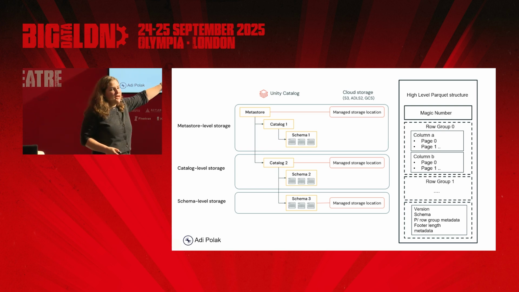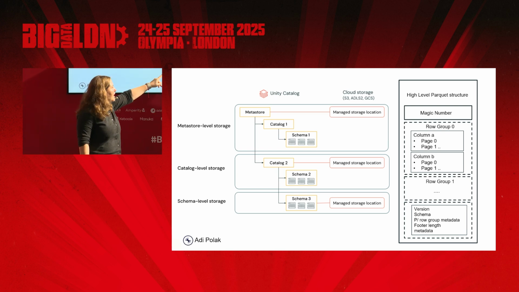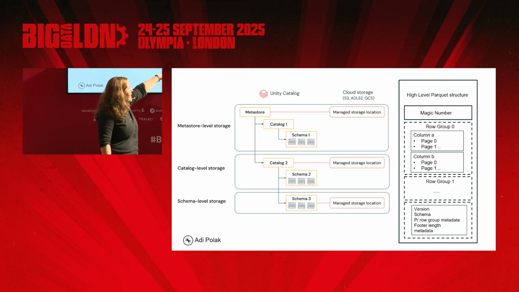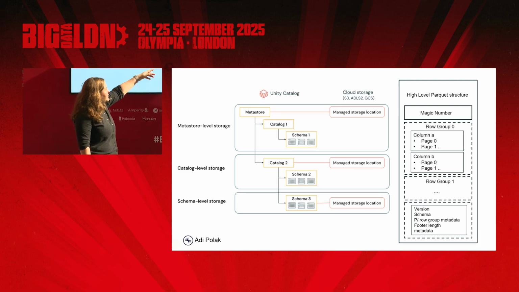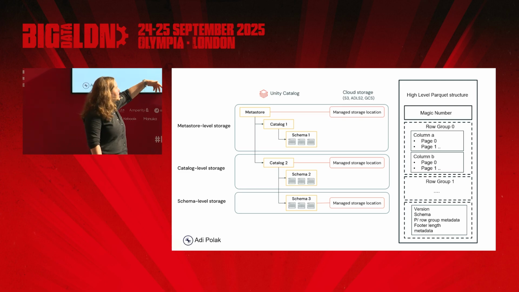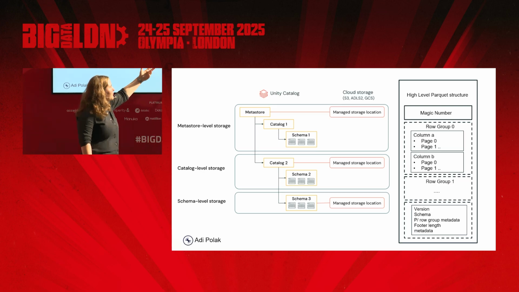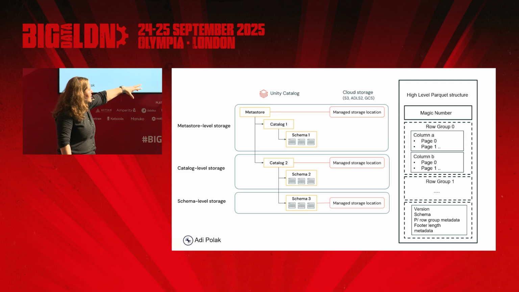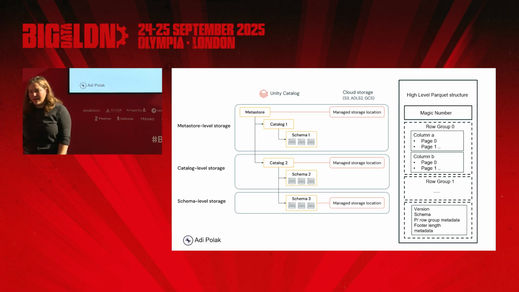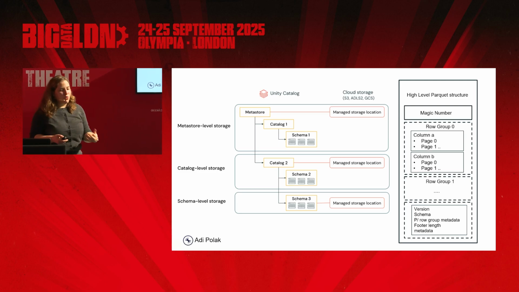But what's really interesting, and underneath any Iceberg table that I have, is actually the Parquet structure. That means that if I have small files, I'll need to access more Parquet files, and I have to go through reading all the magic number, the row group, the version schema, and so on, and this is very extensive I/O that I don't want to face.